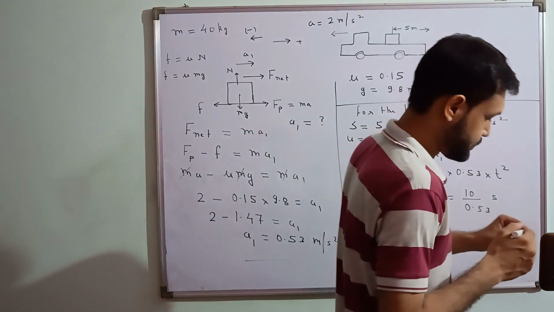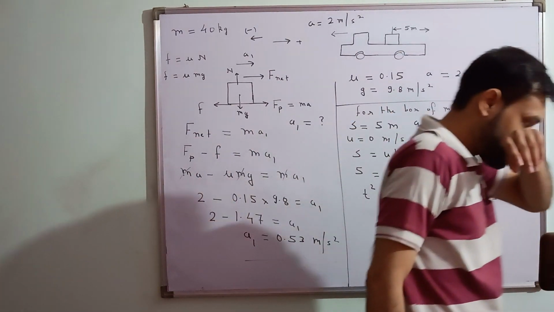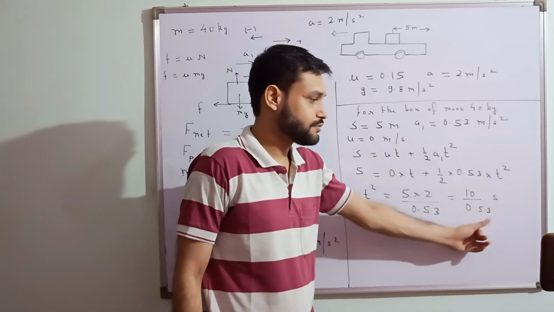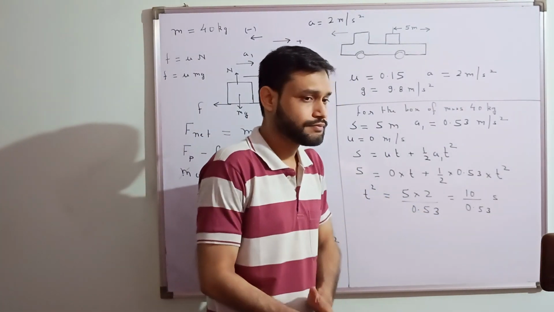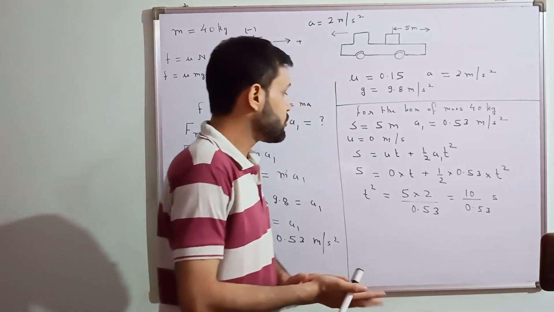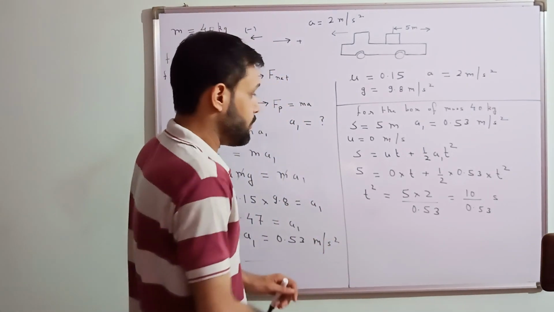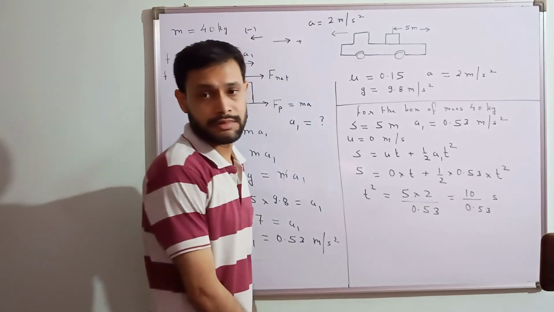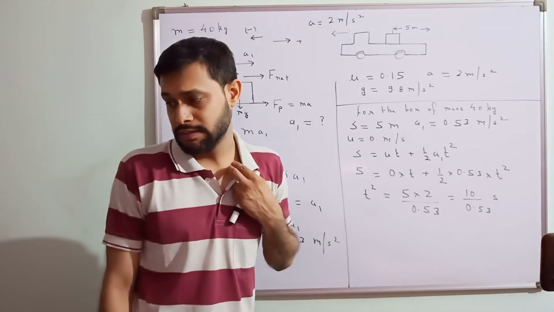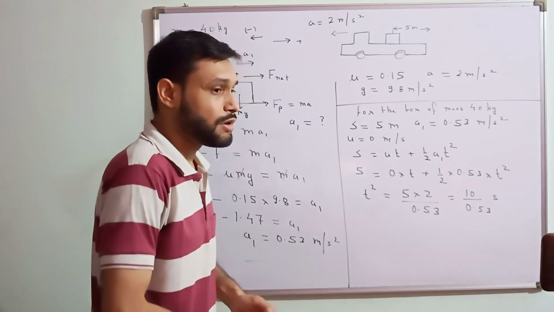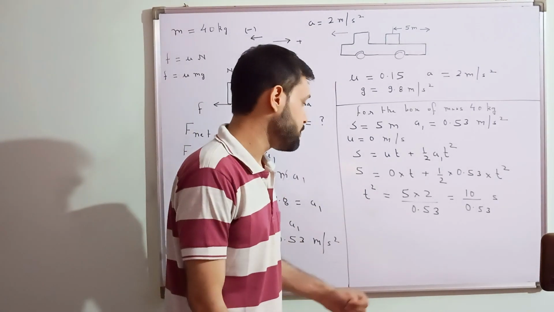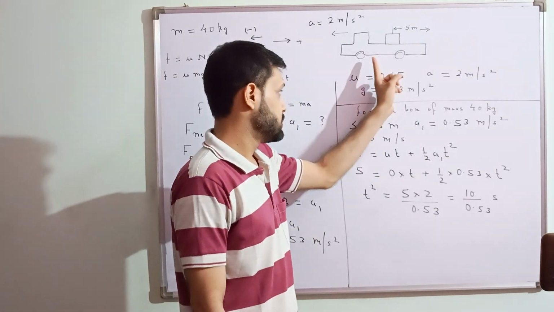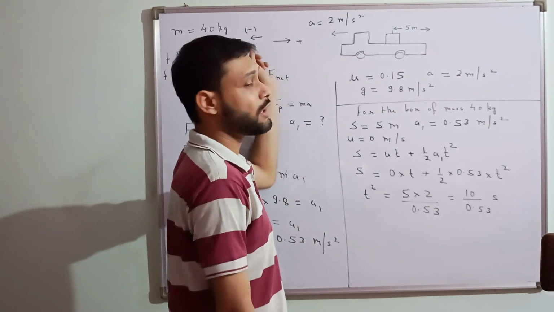Is it okay? Now we have got the value of t square. Now we need to find the distance the truck moves. This time is going to remain the same, because in this time only the truck will go from here to here.